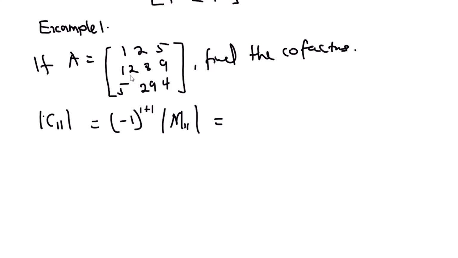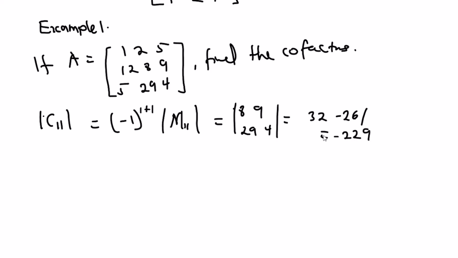So our answer here will be the minor from here. If you take the first one and cancel out, you are going to get 8, 9, 29, 4. Then this will be equal to 32 minus 2, 6, 1. Then you get -2, 2, 9.